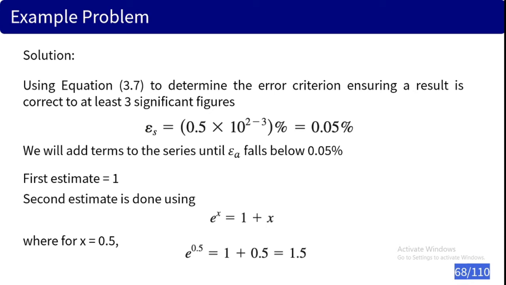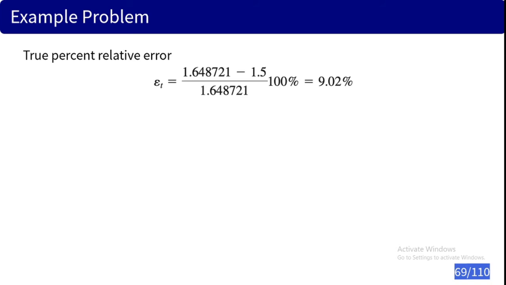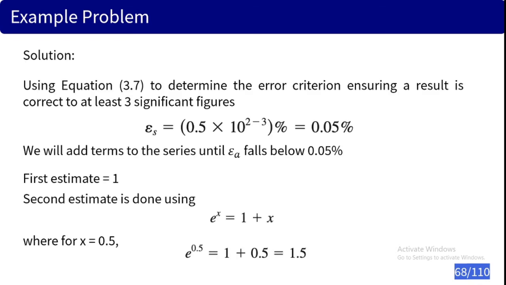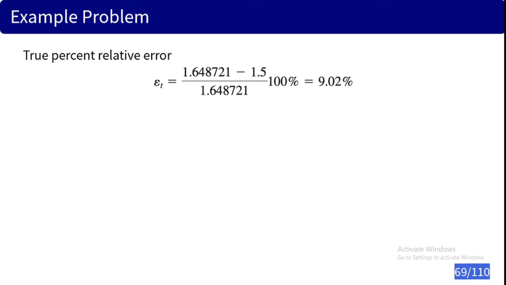What is e raised to the power of 0.5 on your calculator? It is 1.64872, which is the true value. So in this problem we know the true value.